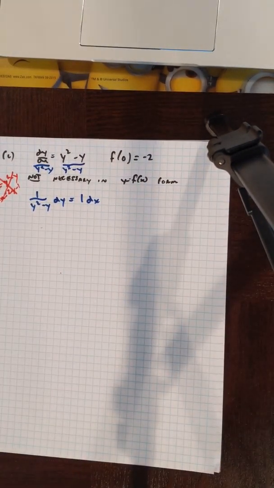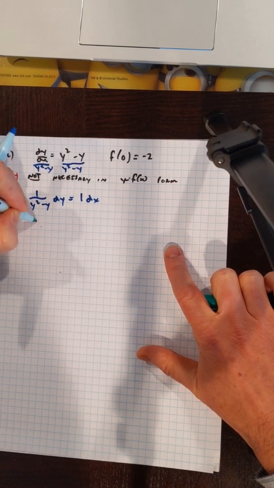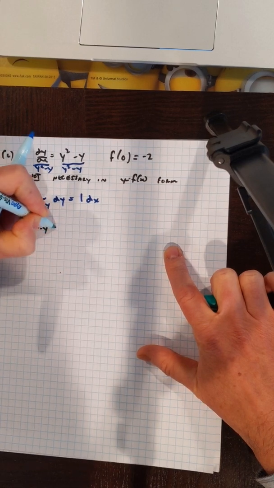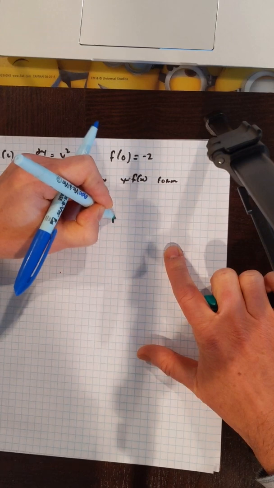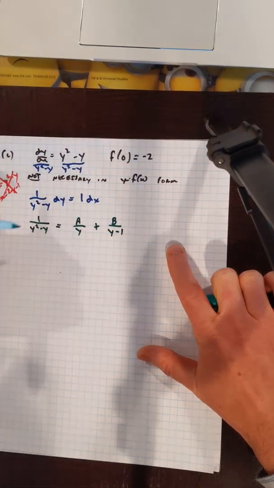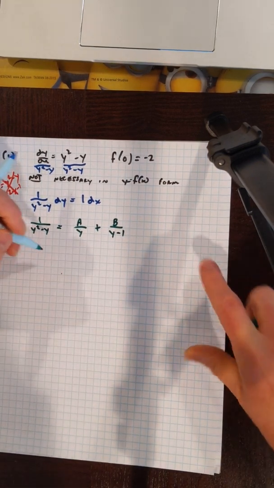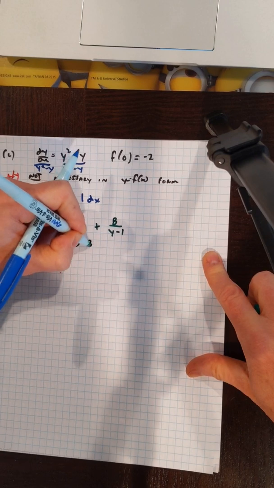So a little side work here. This is equal to a over y plus b over y minus 1. Which means 1 equals a times y minus 1 plus b times y.